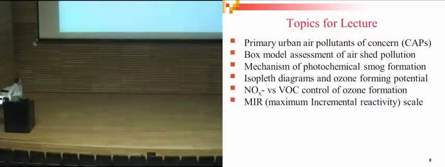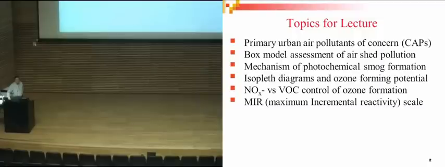So what we'll talk about today, again, will be some of the primary pollutants of concern, criteria air pollutants as we call them in the regulatory framework of the US EPA. We're going to be able to do calculations using mass balance equations just like we did earlier, for lakes and creeks merging, and reactors.